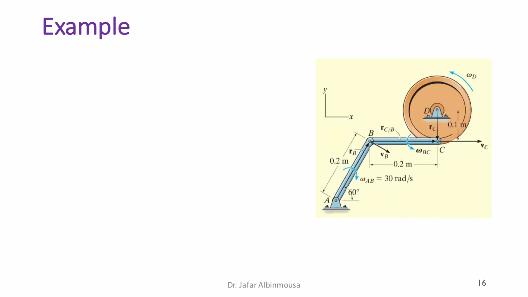Now we will start the solution by considering the link AB, because link AB has one single motion, which is rotation about fixed axis at point A. So we start with link AB, and we can find the velocity of B as omega AB cross RB.